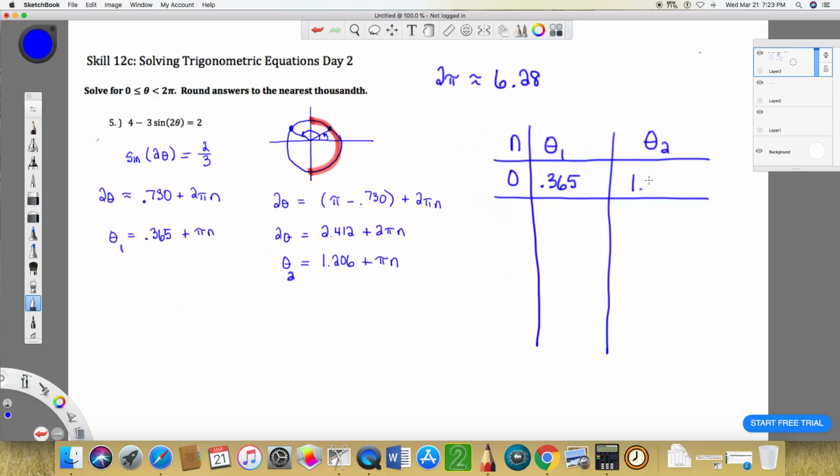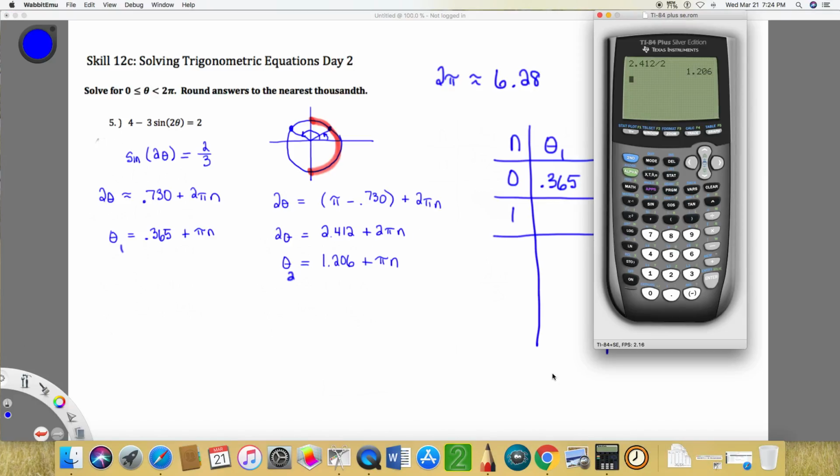For the other one, 1.206. If we let n be 1, then what do we have? We've got this 0.365 plus pi, and that's approximately 3.507.